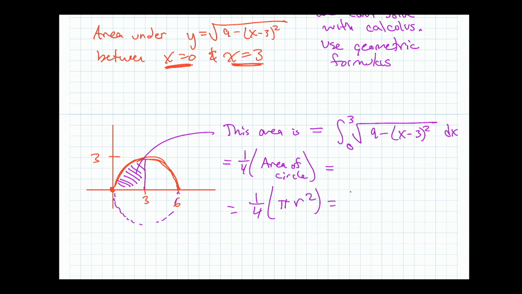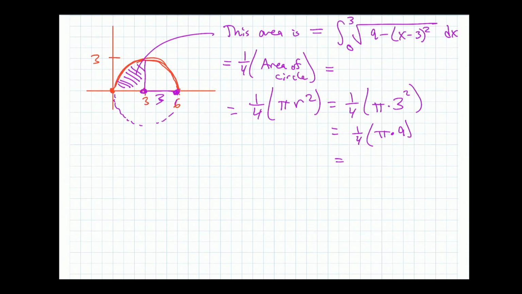But what's the r? The r is the radius. You should be able to tell that the radius is 3. So pi times 3 squared. So 1/4 times pi times 9. So 9/4 pi. That's the answer.